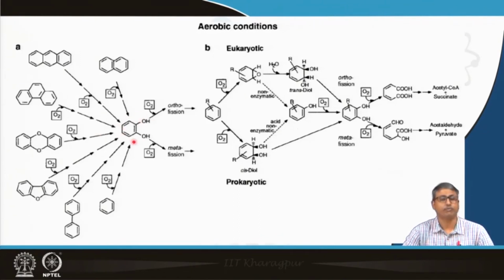That is a kind of funneling reaction, for all the different aromatics, polyaromatic, monoaromatic, substituted, and some other aromatics also. As you can see, these are more complex than simple polyaromatic compounds. They are all oxidized and converted to catechol, and then the catechol undergoes further ring cleavage reactions to produce eventually acetyl CoA and succinic acid, or acetaldehyde and pyruvic acid, and these are then oxidized through the central carbon metabolism.